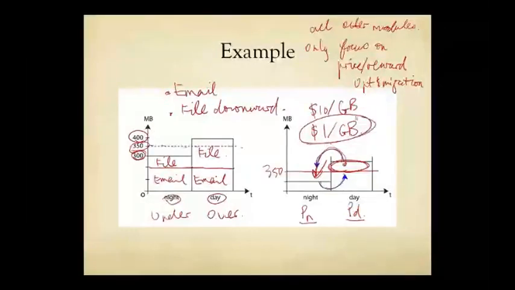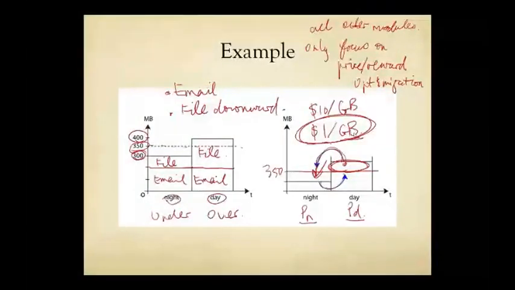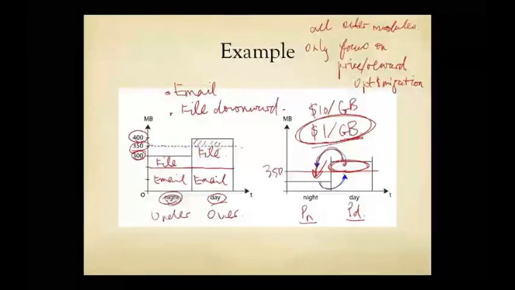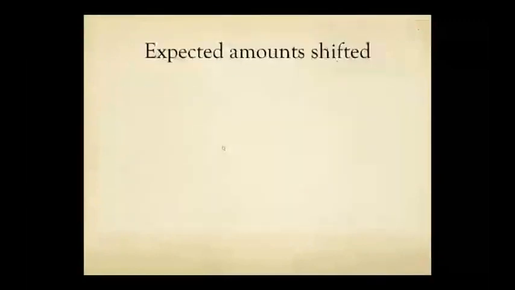Whatever the cost, let's say this is $1 per gigabyte for every gigabyte of exceeding the capacity. For example, during nighttime, before TDP, there is no cost of exceeding capacity. During daytime, however, there is 50 megabyte of overshot. Okay, so that's the setup of this problem.